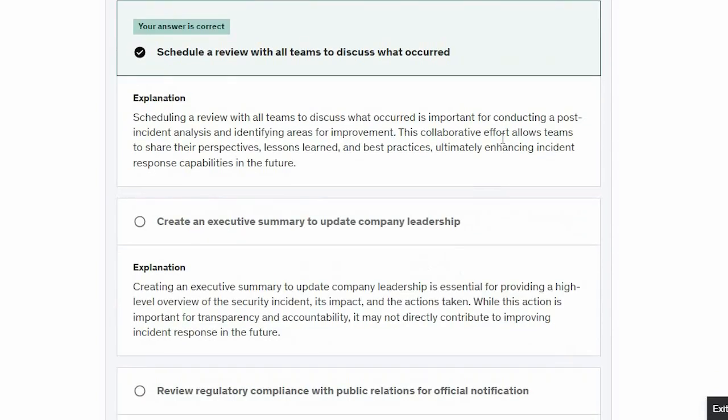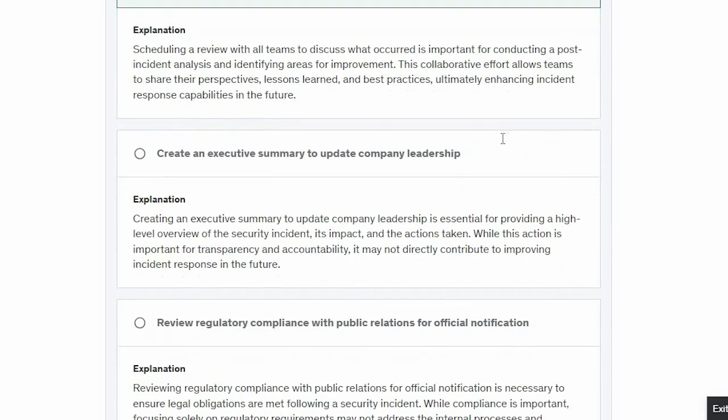B, which is the correct answer for the scenario, is schedule a review with all teams to discuss what occurred. Scheduling a review with all teams to discuss what occurred is important for conducting a post-incident analysis and identifying areas for improvement.